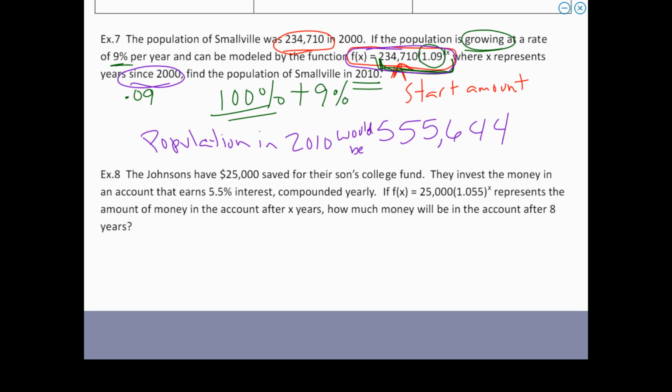Okay. Here's your equation. I've already written it out for you. The only thing you need to figure out is what to substitute in for the x. So what am I going to substitute in for the x, reading the rest of that problem there? 8. So in your calculator, type this in with an 8 for your exponent.